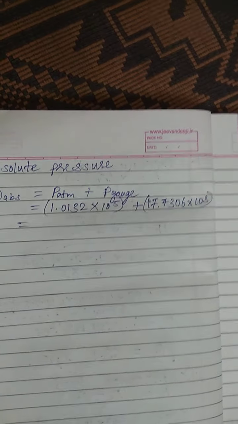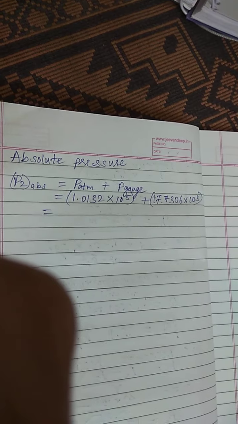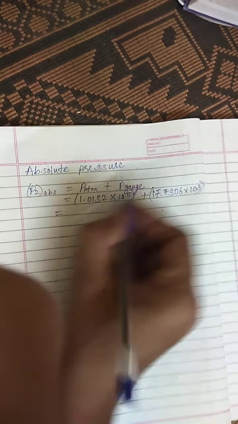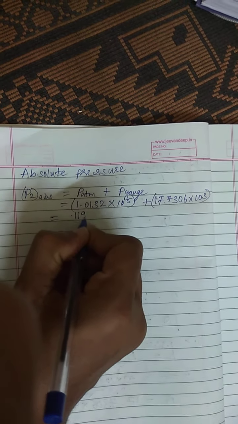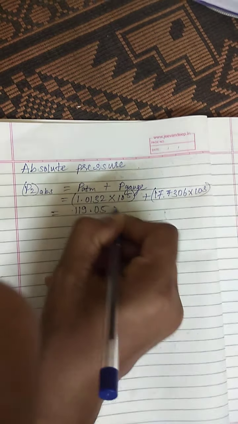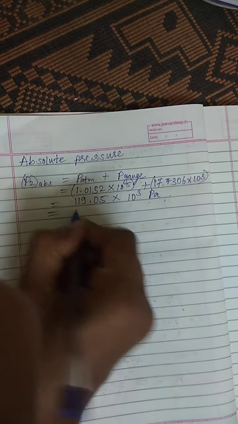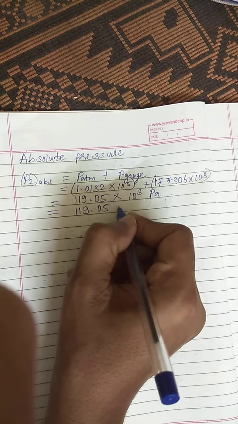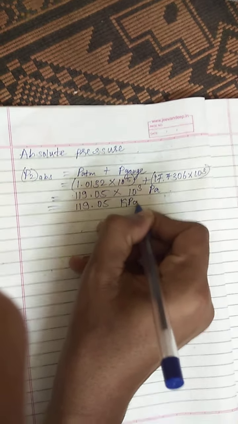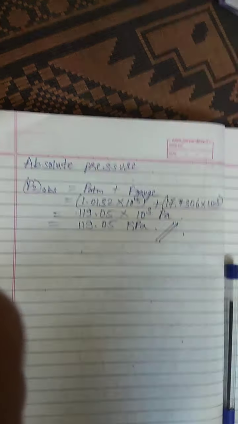After calculating, we got the absolute pressure P2 as 119.05 into 10 raised to 3 pascal, that is 119.05 kilopascal. This is the final answer.